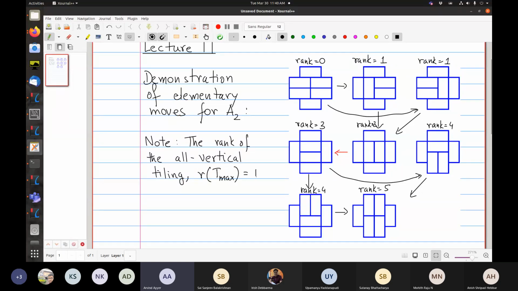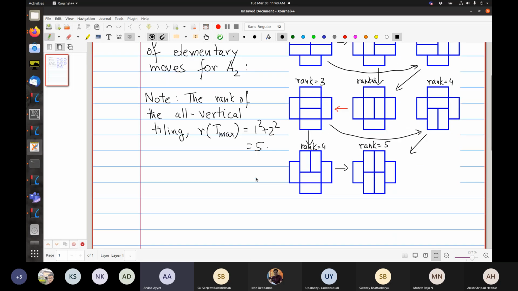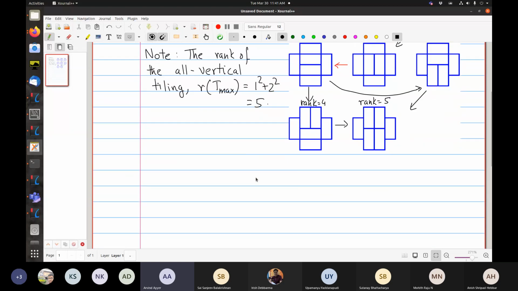This is 5, which is 1 squared plus 2 squared. And this property is going to be. Okay. So any questions about this?